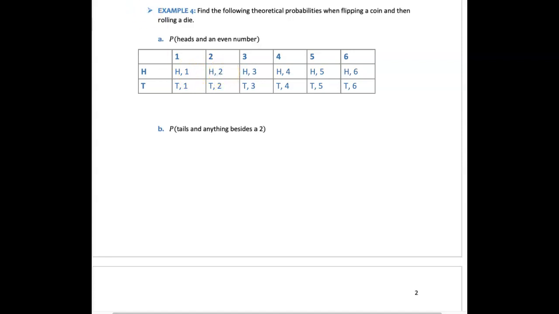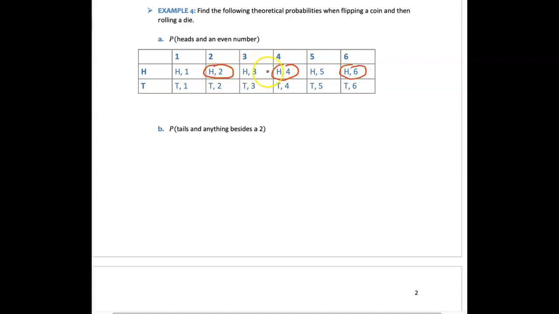So I'm going to circle in red here. I will circle the outcomes that we're looking for, right? Flipping a heads and rolling an even number. So those outcomes are this one right here, heads and rolling a 2, or you could flip heads and roll a 4, or you could flip heads and roll a 6.